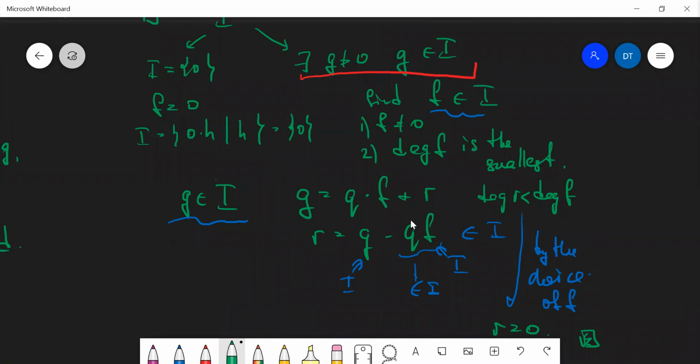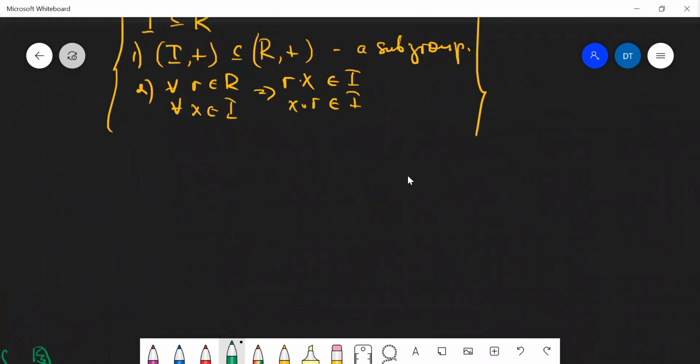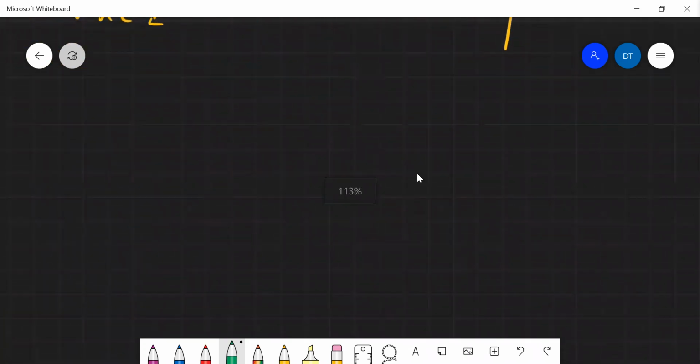So if you have a problem about polynomials in one variable and you don't know how to solve it, just use the division with remainder. Like 99%, it will help you. There is a 99% chance that using the Euclidean algorithm will solve any problem regarding polynomials in one variable.